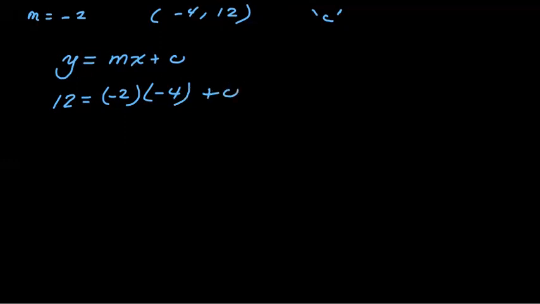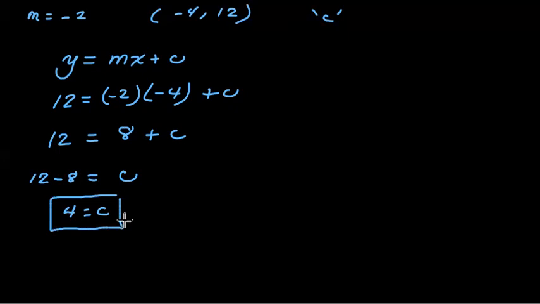So now this becomes 12 equals minus 2 times minus 4, which is positive 8. Once I do my transpose and take the 8 over here, it becomes negative. So I get 12 minus 8 is equal to C. 4 is equal to C, hence C is equal to 4. So this thing crosses the axis at 0, 4.